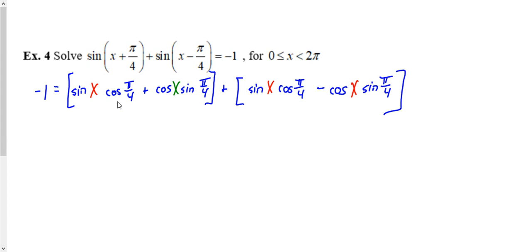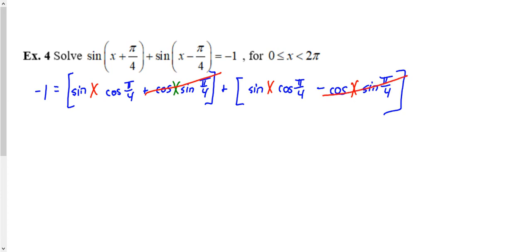From here, I'm going to take a look at my equation. I can drop my brackets because it's just an addition sign in between them. If I have anything in common, I'm just going to cancel it out. I do have something in common. I see a plus cos x sine pi over 4 minus cos x sine pi over 4. This entire term and this entire term will just cancel out.